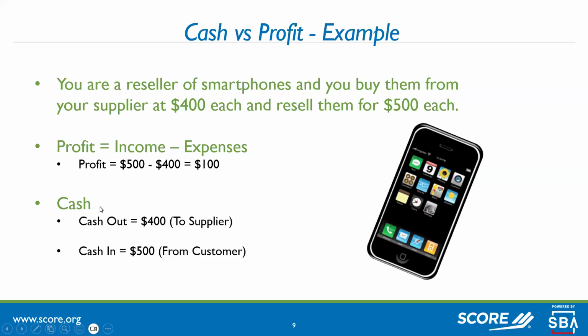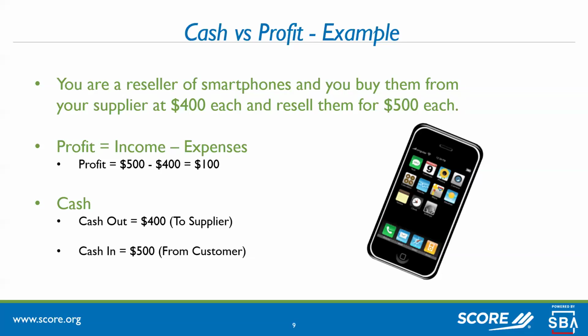On the cash side, you're going to have two pieces. You're going to have cash in from a customer, which is $500. And typically, depending on how your business works, that cash in is going to come in accounts receivable. If you bill your customers, then that might take a little bit longer to collect the money from them.